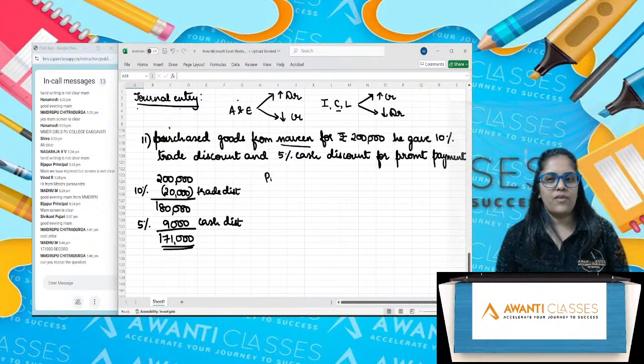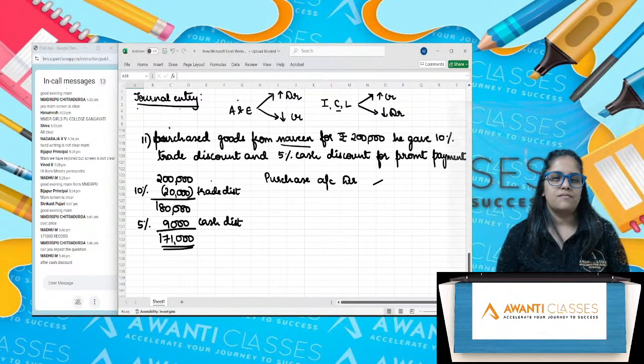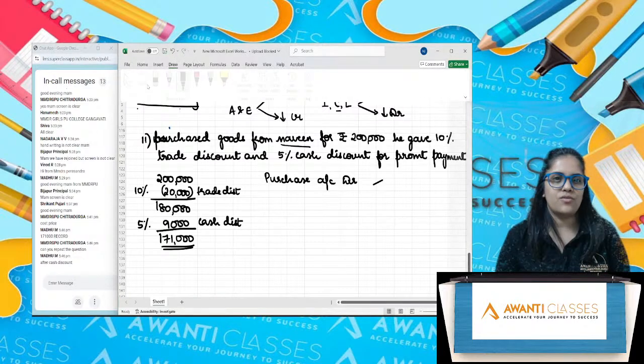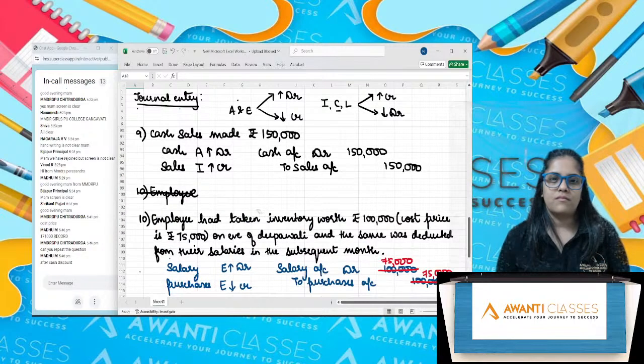Now, in our books, when we record purchase account debit, at what price, after cash discount? I'm waiting for others to also answer. At what price will you record?